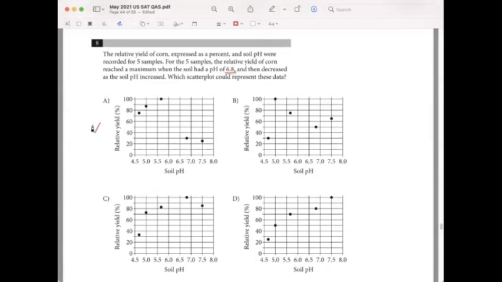So it can't be A, it can't be B, it can be C, and it can't be D, right? Because in C, the maximum is reached at 6.8 and then it decreases. If I plot this curve, it will look somewhat like a parabolic curve. Before 6.8, it increases as the soil pH increases, and then after 6.8, it decreases. So the answer is C.